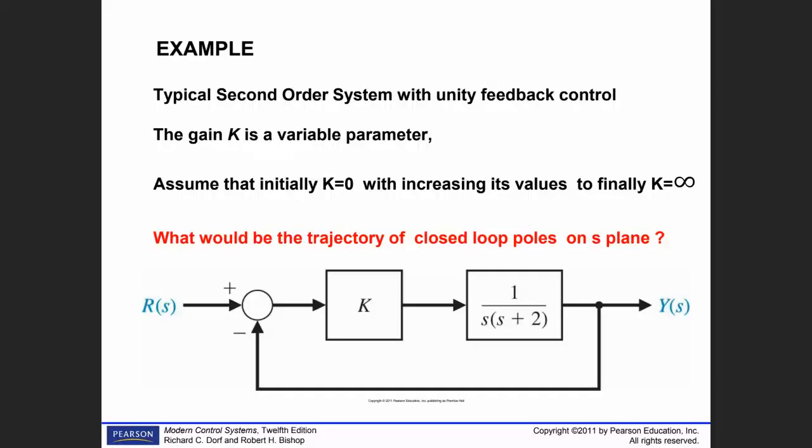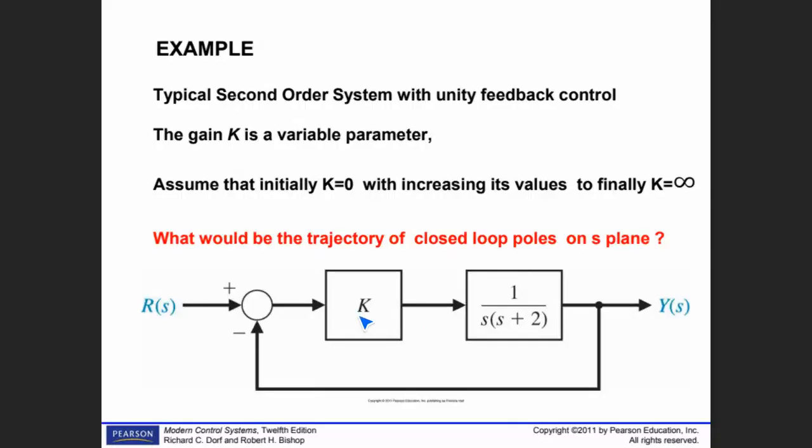That's the problem. Now we have a second order system, and we have k here. K is a variable parameter starting from 0 and increasing incrementally to infinite. What kind of curve do we have?